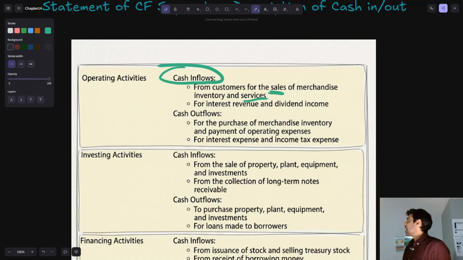It could be from a prior period, because maybe you sold the services in the past year, and then this year the customer is paying off the accounts receivable. That cash coming in is going to appear in the current year's statement of cash flow, because we're not dealing with the matching principle here. We're just looking at what period the cash came in. It could have related to a prior period sale. So this is where the income statement and the statement of cash flows diverge.